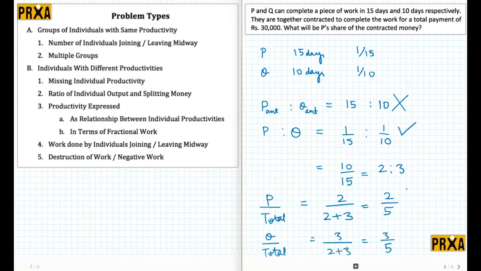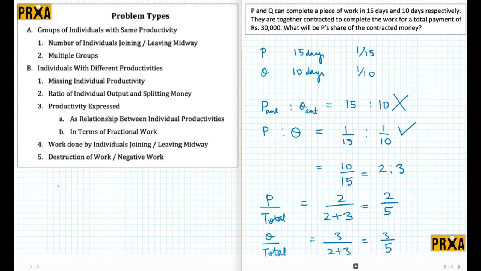So the proportion of work done by P is 40%, and the proportion of work done by Q is 60%. Intuitively, this makes sense. If Q has taken fewer days to do the job, clearly Q is faster, and Q should be compensated higher than P.